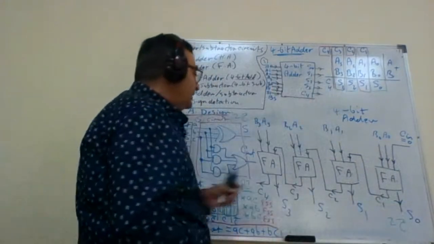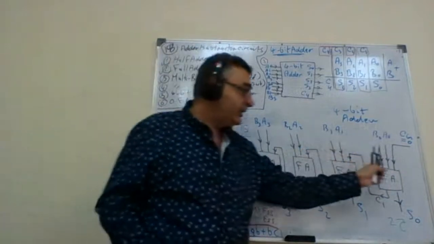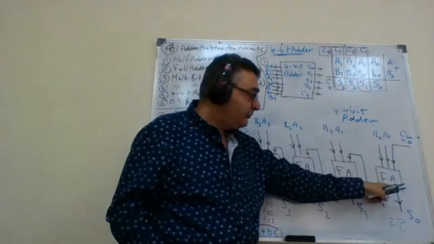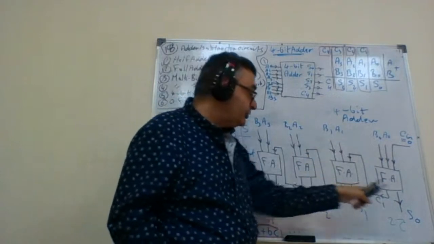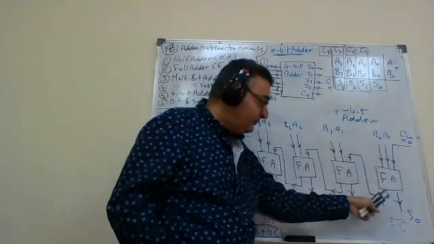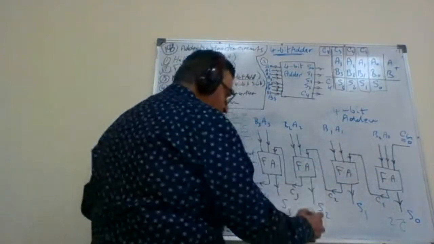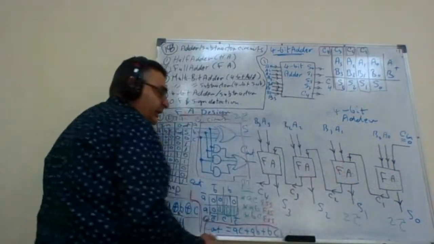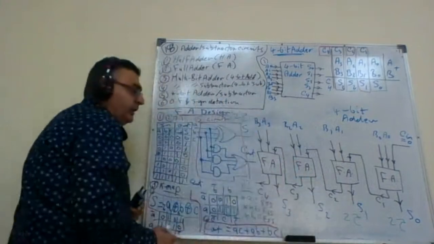But what is the delay of the whole circuit? Remember that the output from the first full adder is an input to the second full adder. So in order to get the output of the circuit, I have to wait for the signal to propagate through the first full adder and enter the second full adder. In the second full adder, it has another 2 tau delay. In the third full adder, it has another 2 tau delay.